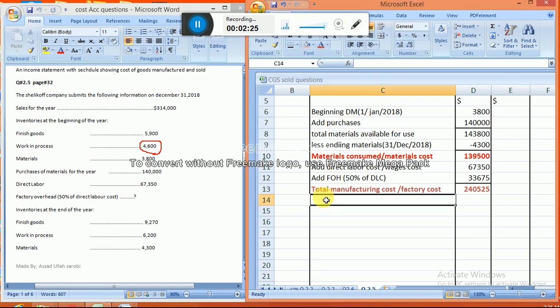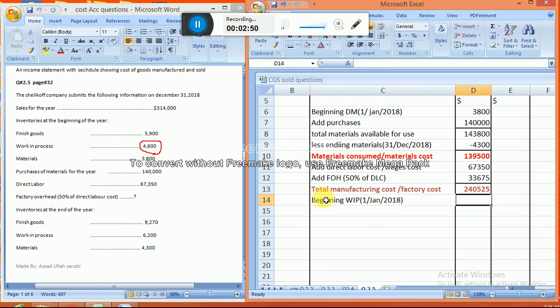So here we will transfer it. Beginning work in process means on 1st of January 2018, this is the beginning.